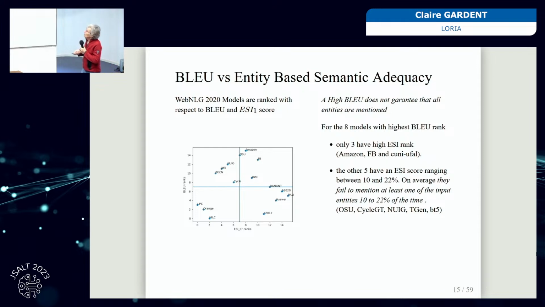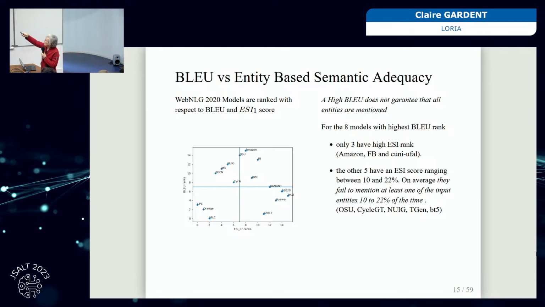So what we wanted to see is, in terms of omission, how well does BLEU capture the fact that the model does or does not omit some input information. So in the figure here that you can see, we rank the models by BLEU score and by AZ score, the entity-based semantic inadequacy.